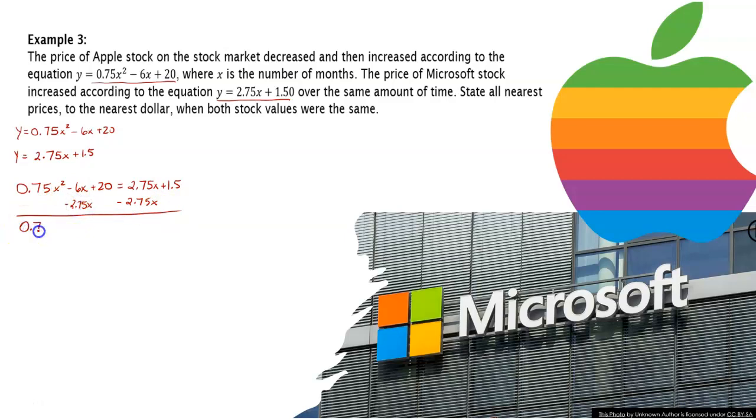So minus 2.75x. I'll end up with 0.75x squared minus 8.75x plus 20 equals 1.5. Okay. Subtract your 1.5 on both sides.